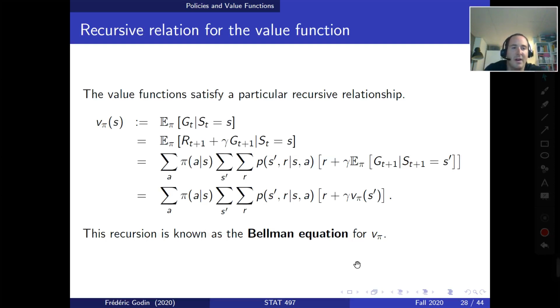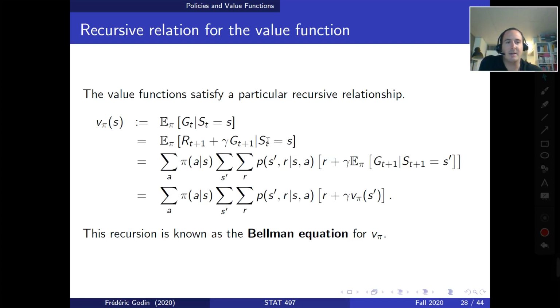This Bellman equation is probably the single most important equation in dynamic programming. So this result is very important. If you have trouble understanding this, please take some time to reflect on this. It's very important.